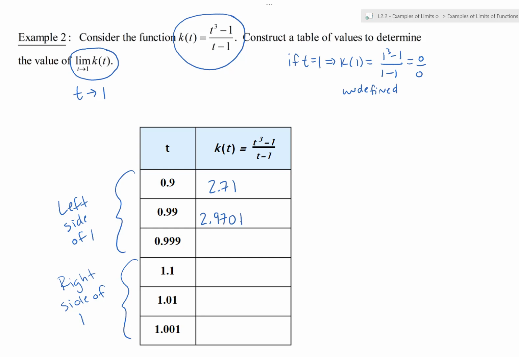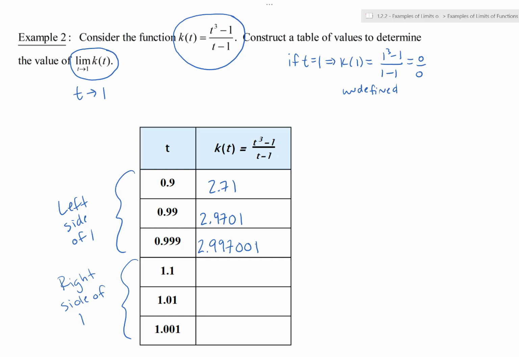If t is 0.999, the output is 2.997001. So it sure seems like this function is getting really, really close to, say, 3 as we get close to 1 from the left-hand side of 1.